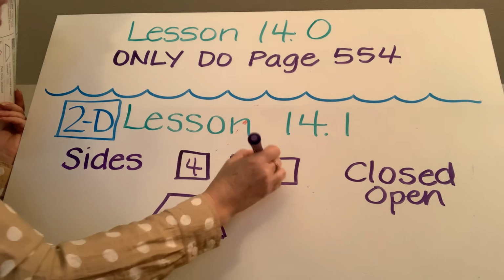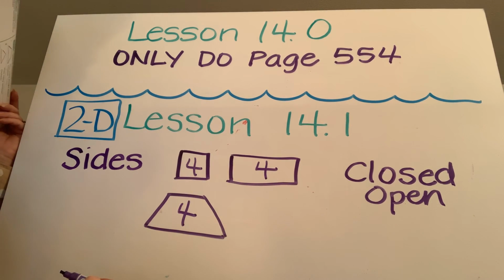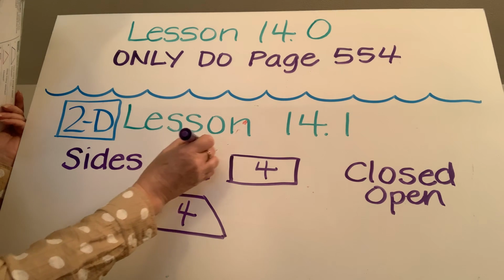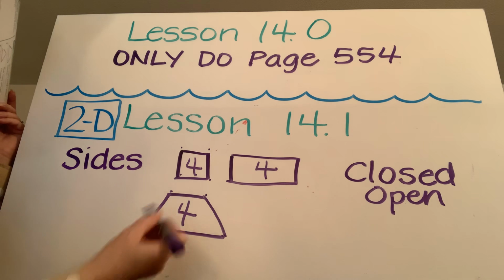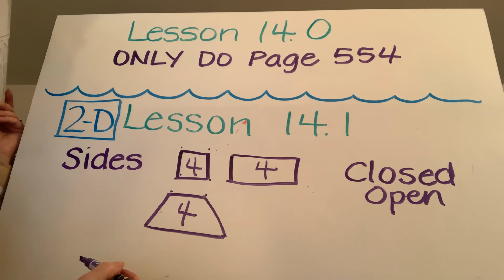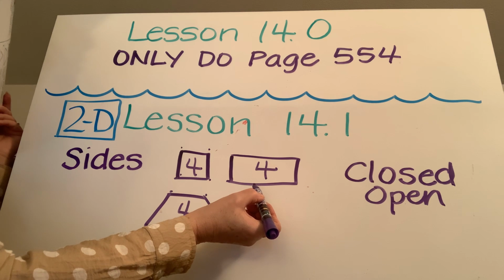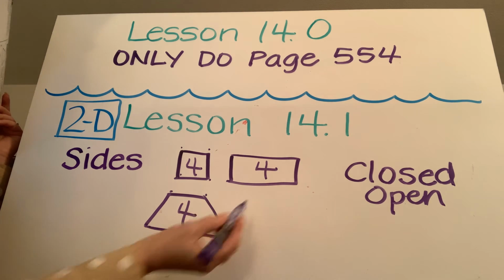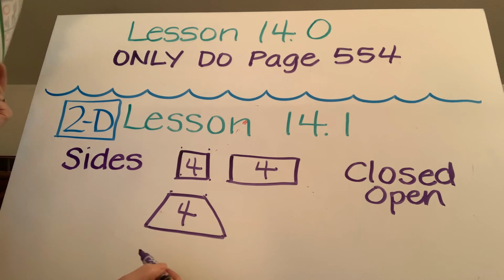Those are all 4-sided closed objects, 4 vertices, but they are not the same, are they? What was my small one? Square. Good job. Jersey? Good girl. Rectangle. Isaiah, what is this one? Correct. That was our trapezoid.